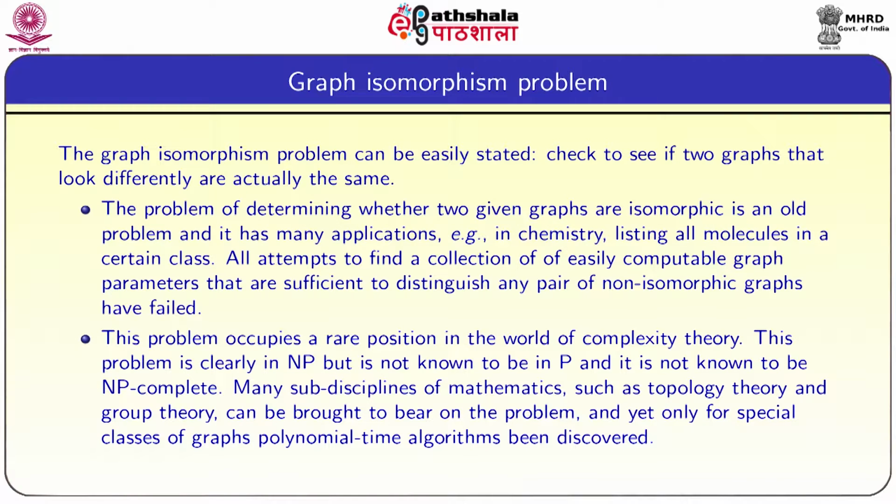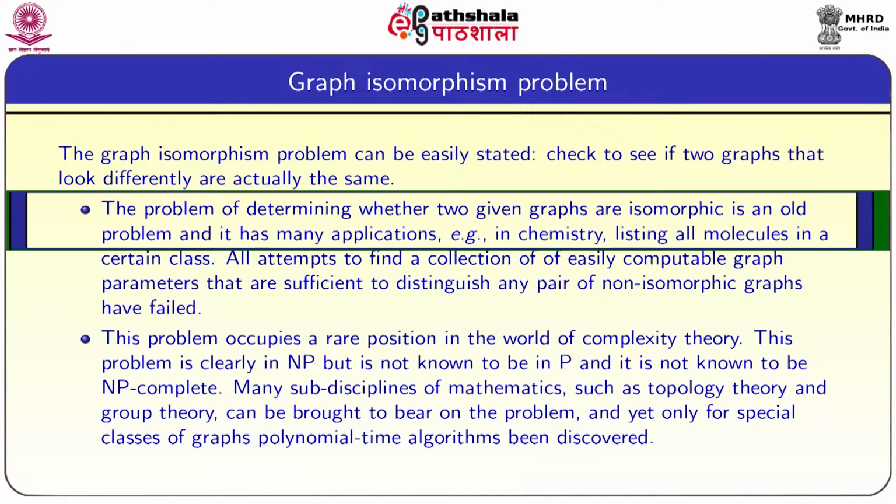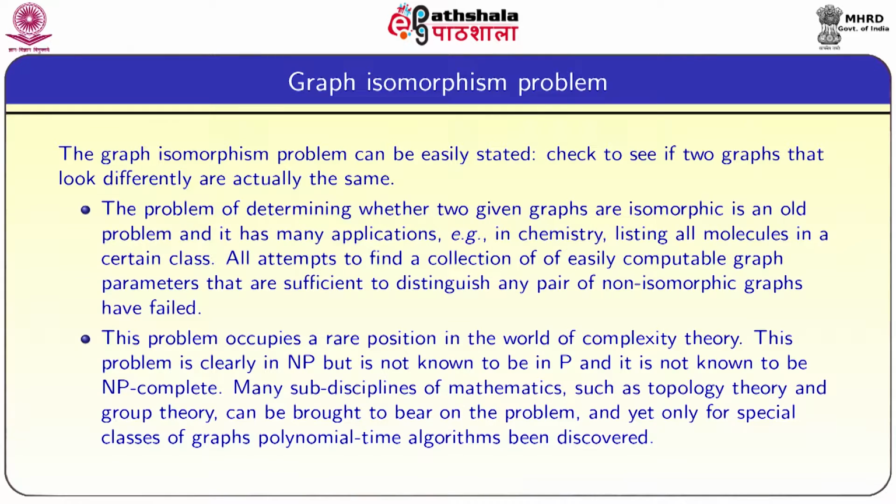Graph isomorphism problem. The graph isomorphism problem can be easily stated. Check to see if two graphs that look different are actually the same. The problem of determining whether two given graphs are isomorphic is an old problem and it has many applications.